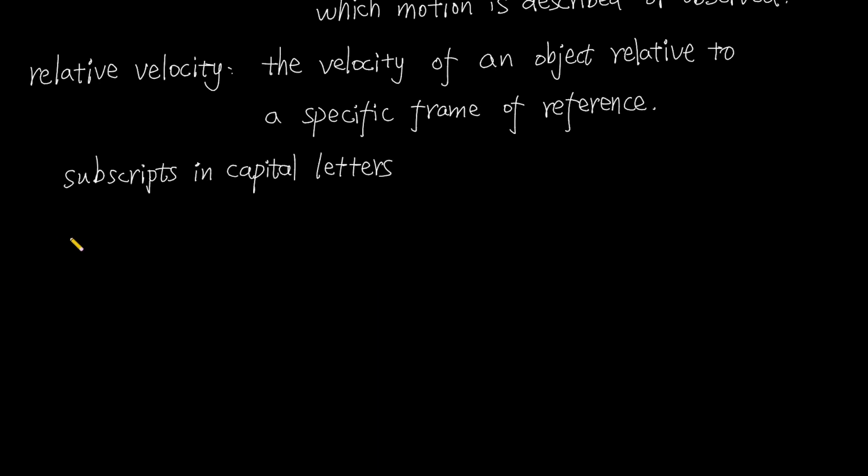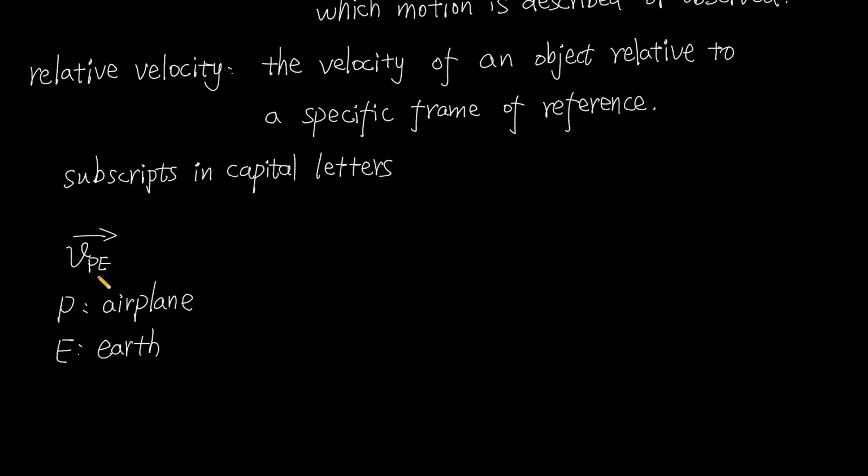For example, we can use this symbol to express the velocity of an airplane relative to the Earth, or in other words, the velocity of an airplane relative to the coordinate system fixed with the Earth. Here, P represents the airplane, and E represents the Earth.